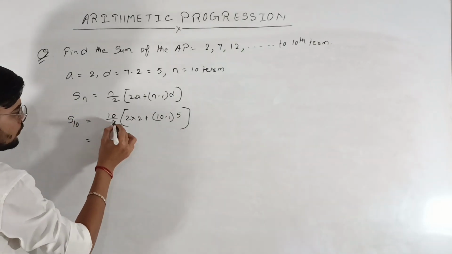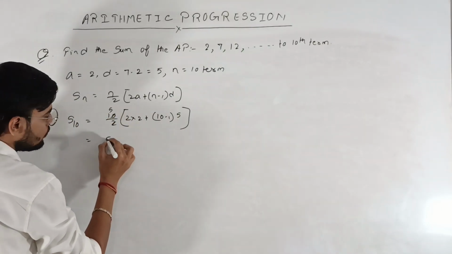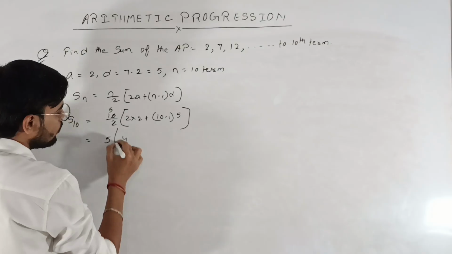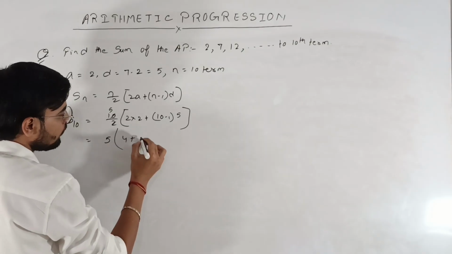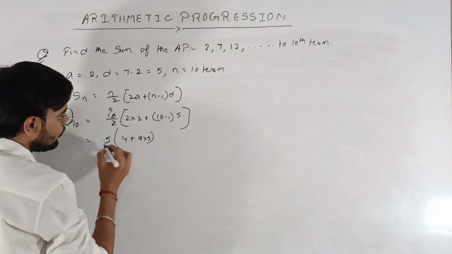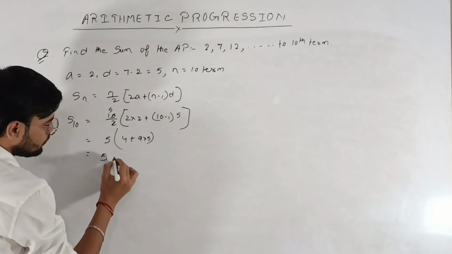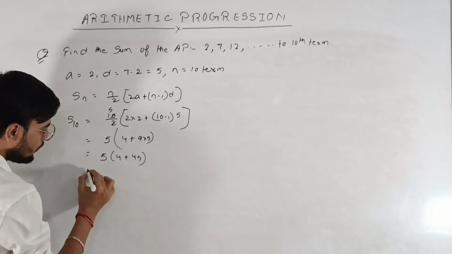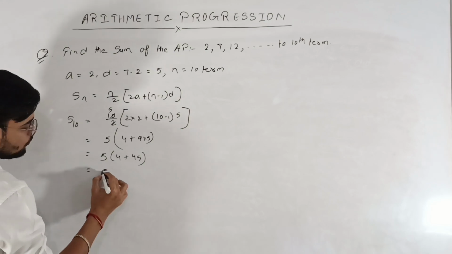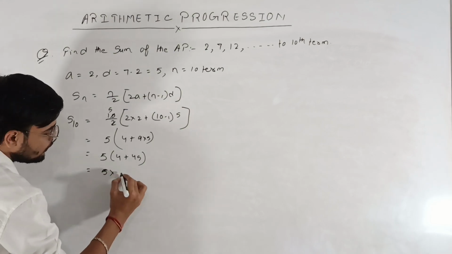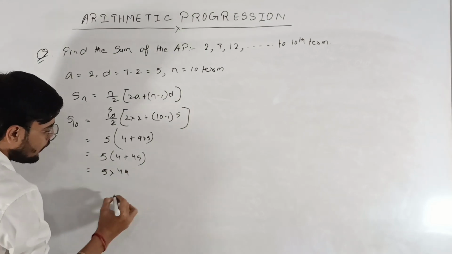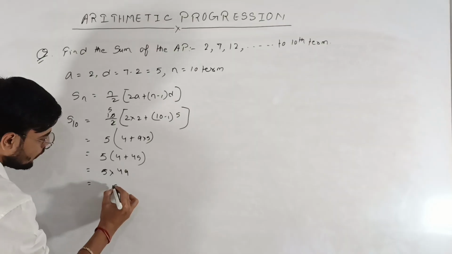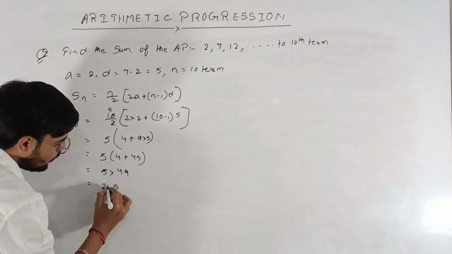Now calculate this. 2 2s are 4. Now 10 minus 1 is 9, and 9 5s are 45. So it equals 5 into 45 plus 4, which is 49. Now multiply this. 9 5s are 45, 5 4s are 20, and 24.